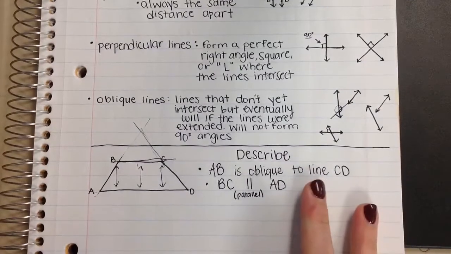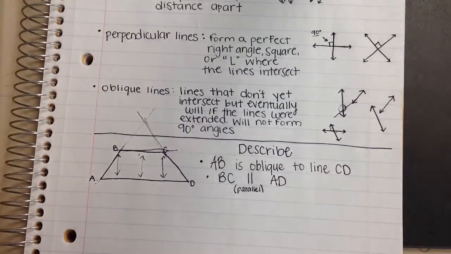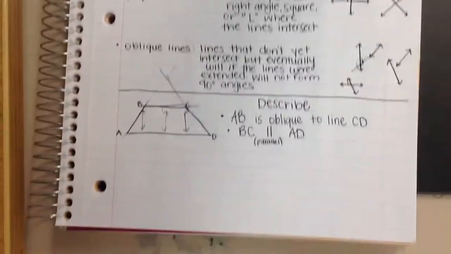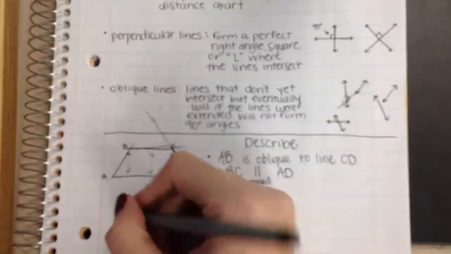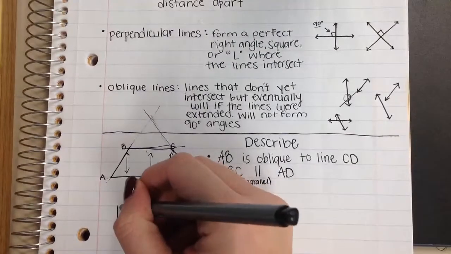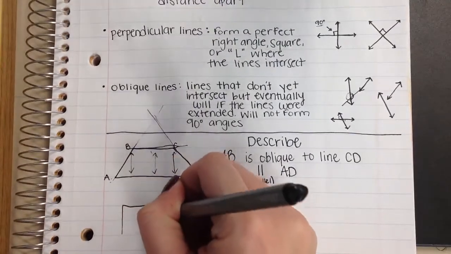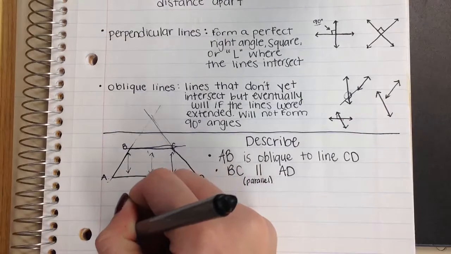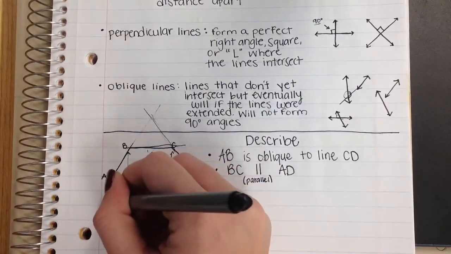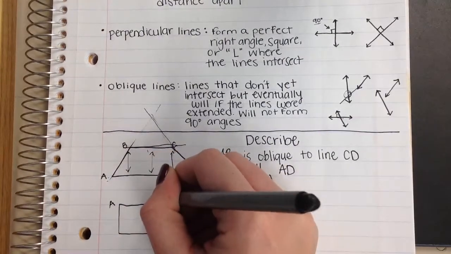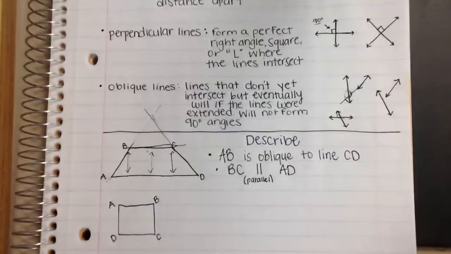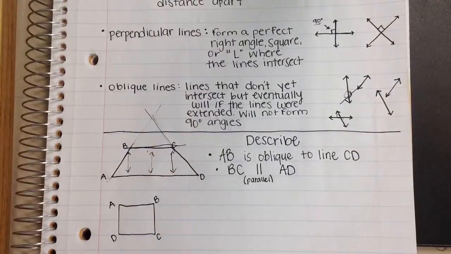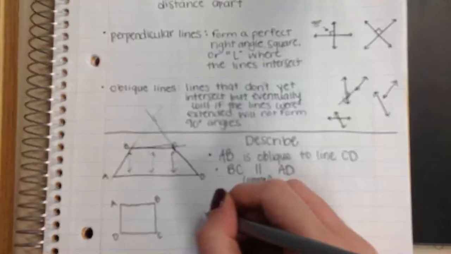All right, I want us to look at another shape now. This time we're going to look at a square. So if you would draw a square in your notebook. And again, we're going to label it A, B, C, and D. Let's go ahead and think of some ways that we could describe this.